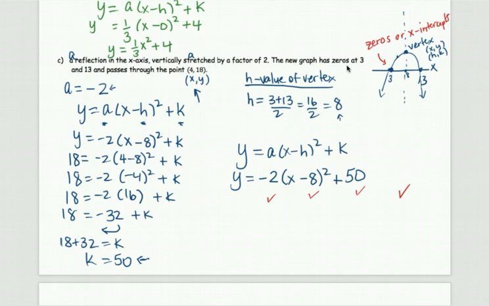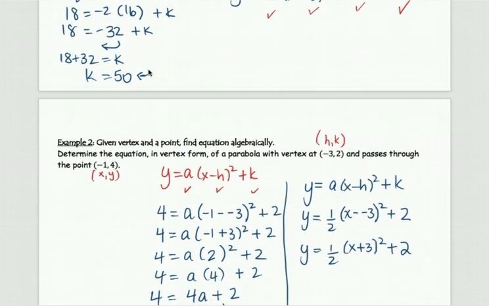But if I tell you things like, oh, there are some zeros at 3 and 13, and then there's a point, how do you figure out everything? You can find the h value because if there are 2 points straight across from each other in a parabola, in a quadratic, you can find halfway, and that will be the x value of your vertex, which is actually h in this case. So just look at this one a lot, and make sure you practice lots of these.